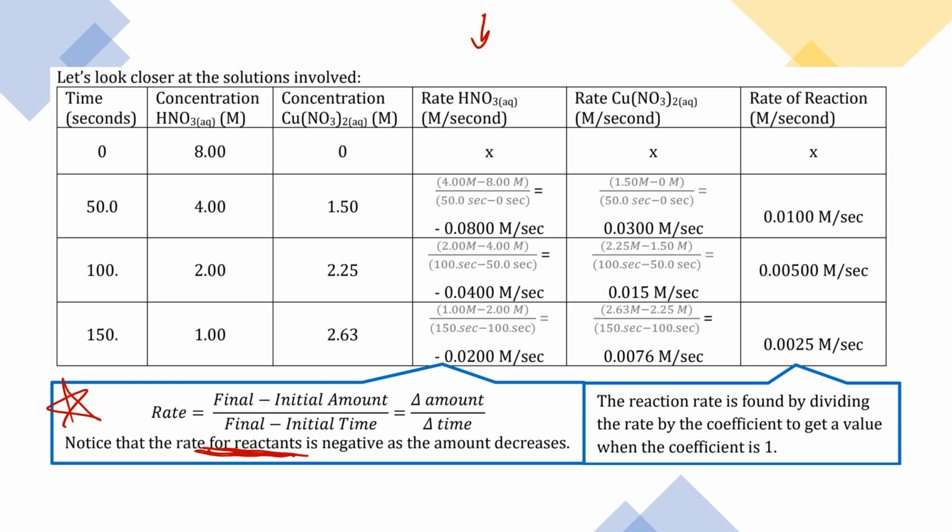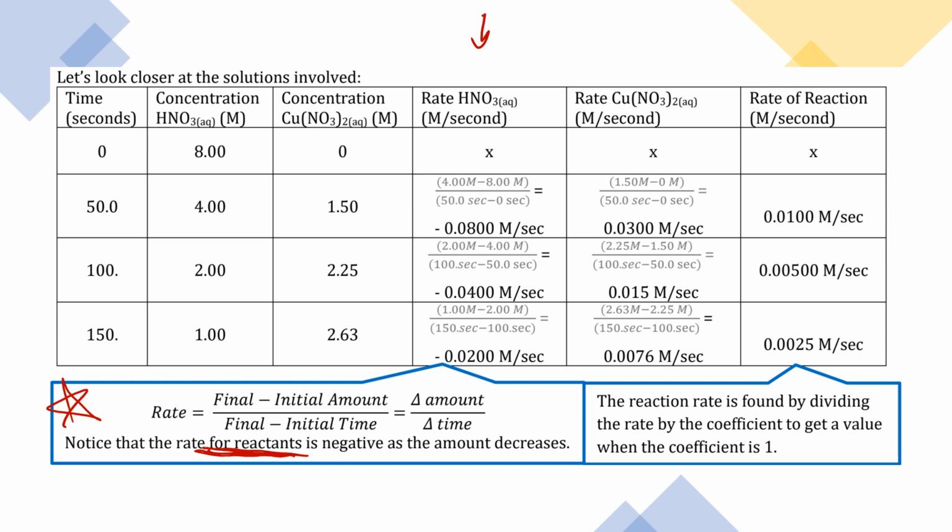The rate of reaction is found by dividing the rate by the coefficient to get a value when the coefficient is 1. So for example, to get that, you would take the rate of, let's say, nitric acid, or even copper(II) nitrate, and divide it by the coefficient from the balanced reaction.